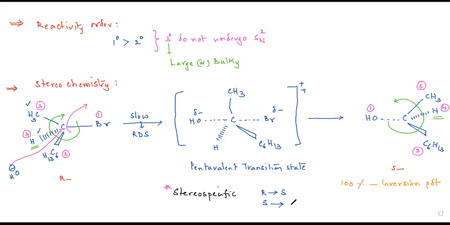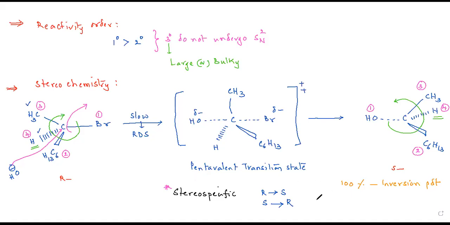Similarly, if we start with S, 100% of R is what we are getting. So one particular stereoisomer giving rise to another stereoisomer to an extent of 100%.